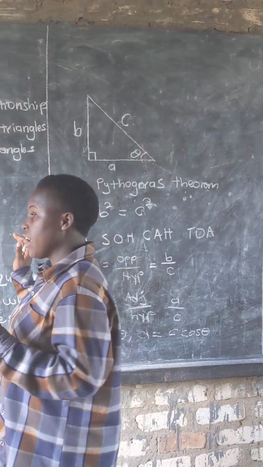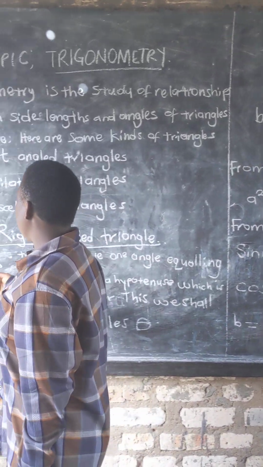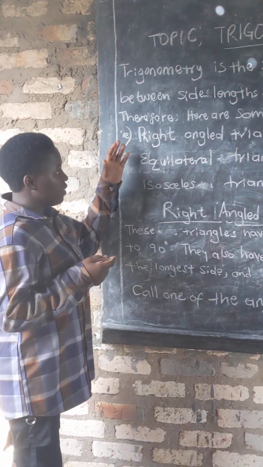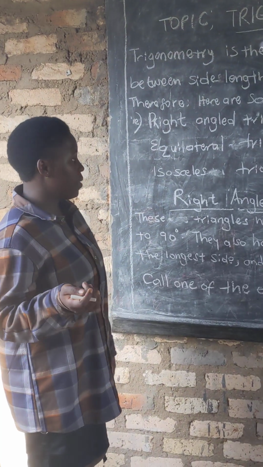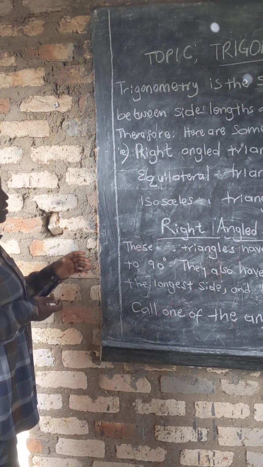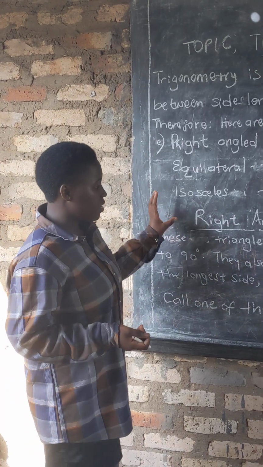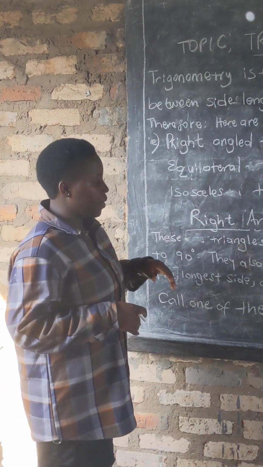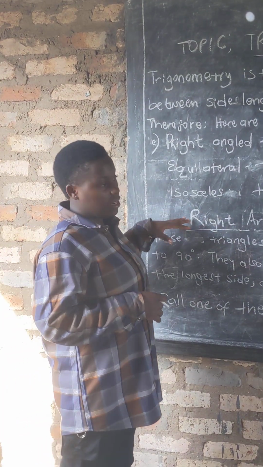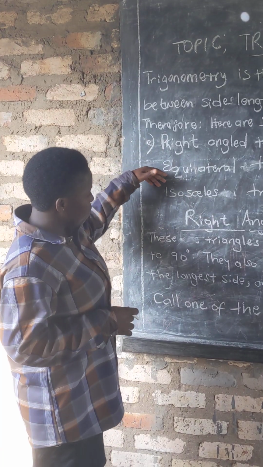We've been talking about triangles and shapes since primary levels, including right angle triangles in your primary 4, 5, 6 and 7, the equilateral triangle, and the isosceles triangle.